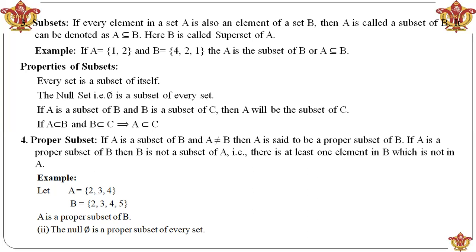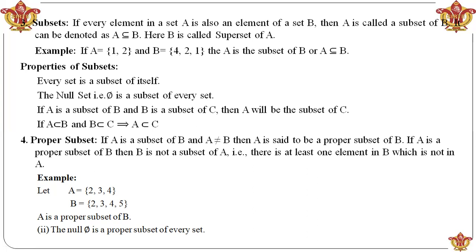In the continuation of the properties of subsets, if A is a subset of B and B is a subset of C, then A is a subset of C. So this is how we represent and write a subset.